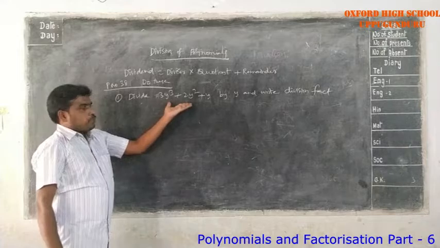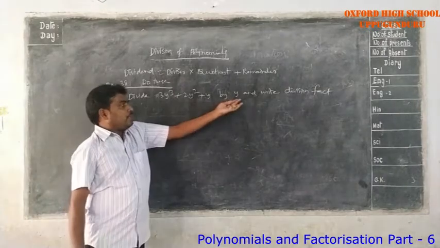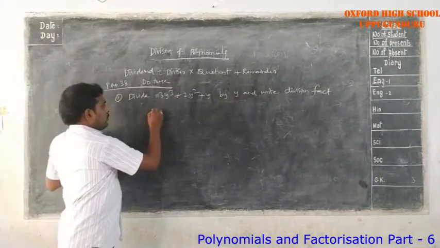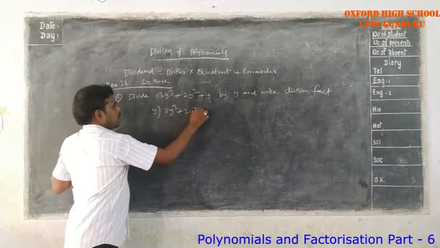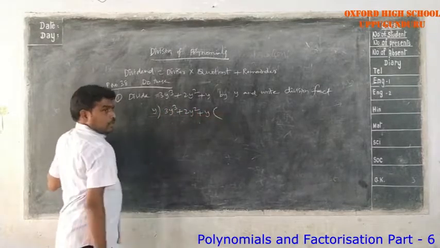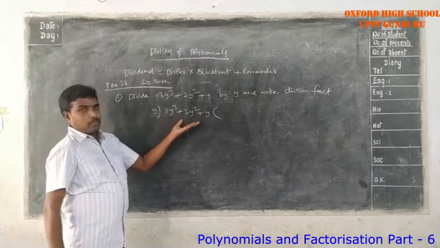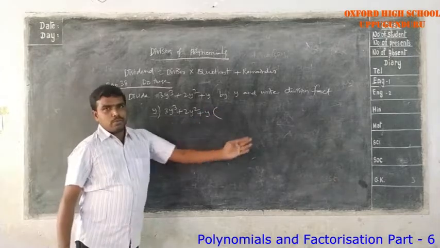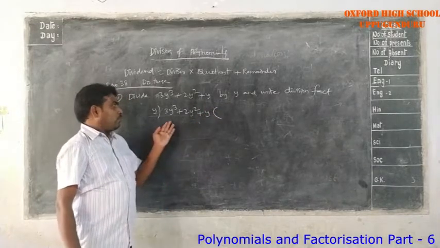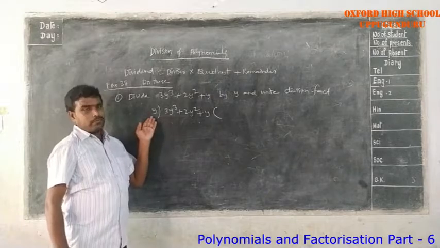We are dividing this polynomial with y, which means this is the dividend and this is the divisor. So the divisor is y, the dividend is 3y cube plus 2y square plus y. Whenever we are dividing any polynomial with another polynomial, to find each term of the quotient, you have to divide the first term of the dividend by the first term of the divisor.